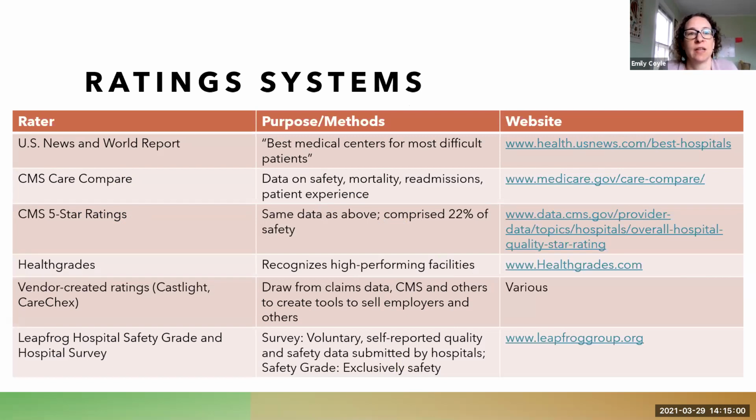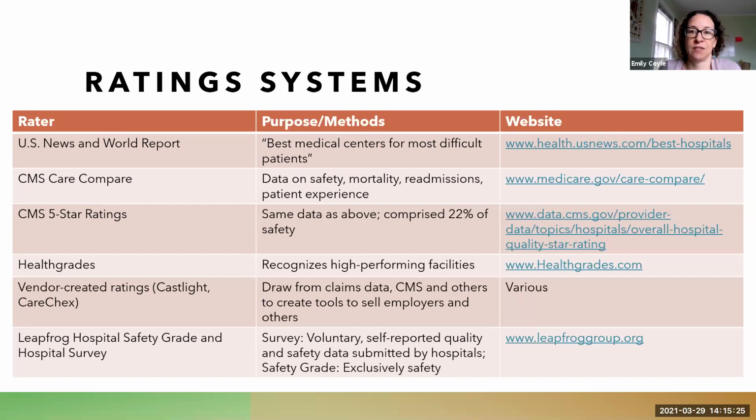The purpose of this is really for difficult patients. The average consumer may not want to refer to US News and World Report for the quality or safety of their care. It's really focusing on helping consumers determine which hospitals provide the best care for serious or complicated medical conditions.